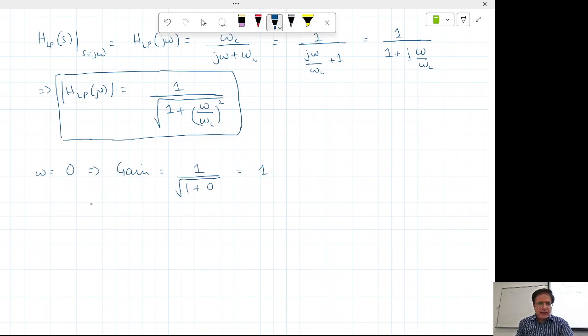All right. At omega equals omega c, the gain is going to be 1 over the square root of 1 plus omega c over omega c squared. This is going to be just 1 over square root 2, which is essentially the 3 decibel point. That means this is indeed the cutoff frequency.